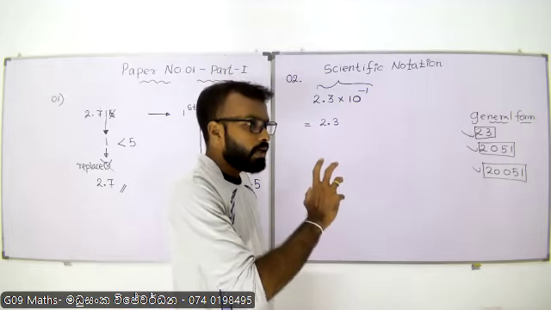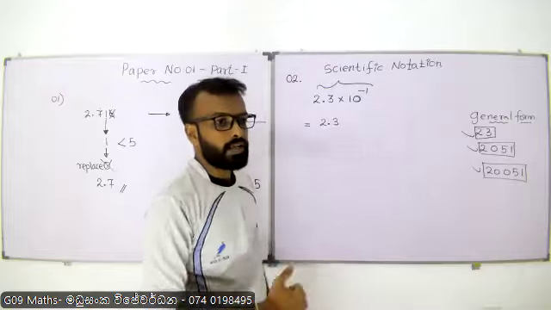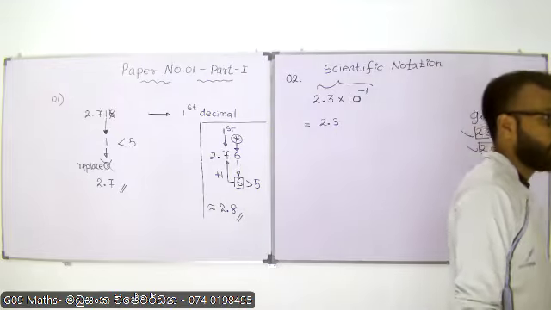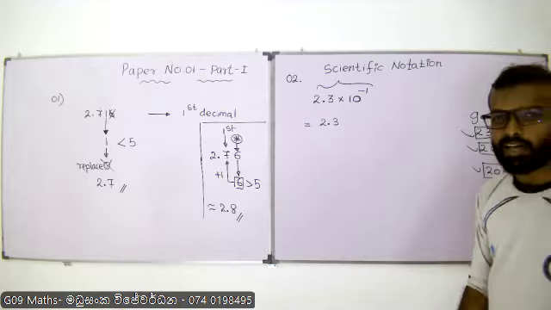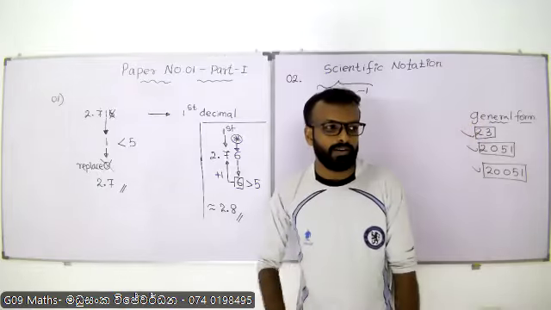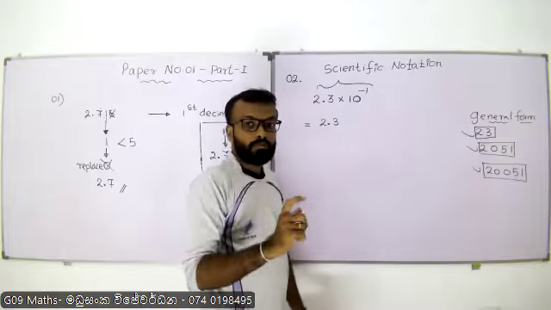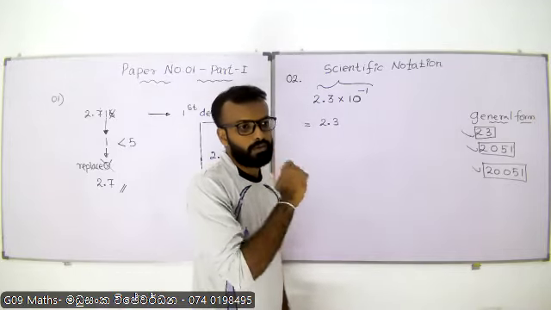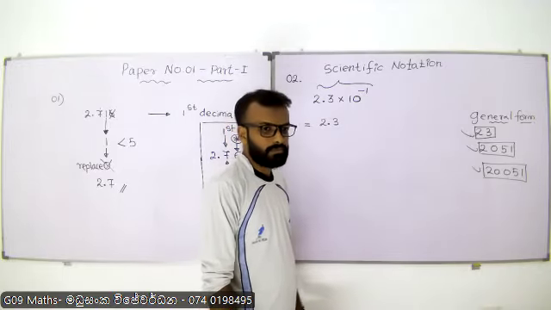How to convert 10 to the power minus 1 into a positive power? Can anyone tell me?